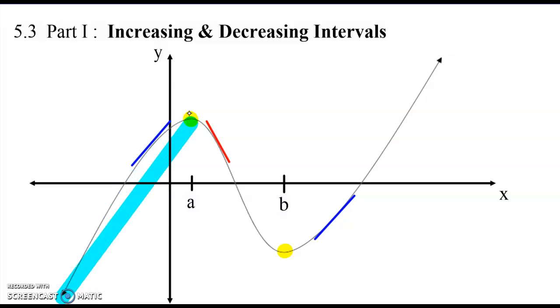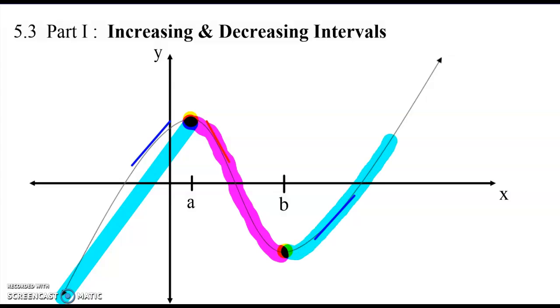Then as we tilt downward, you can see that the tangent lines to this part of the graph would have a negative slope, or our first derivative would be negative. Then at that critical point B, the function would turn back up, be increasing, and any tangent line to this part of the function would have a positive slope.